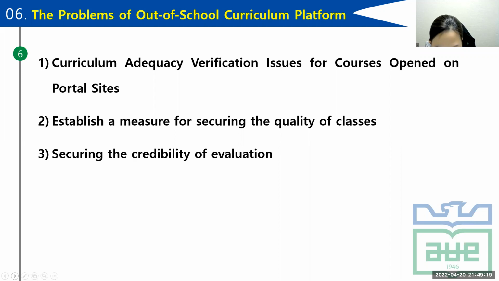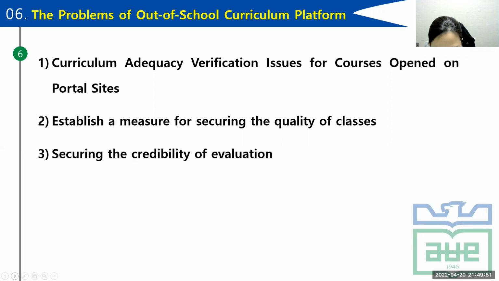The criteria for the appropriateness of the specific contents of the classes, teaching method, class places, evaluation method, and textbook of the classes, opened by the village education community or local universities and local institutions through the portal site, should be prepared.